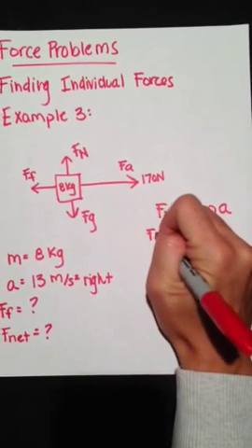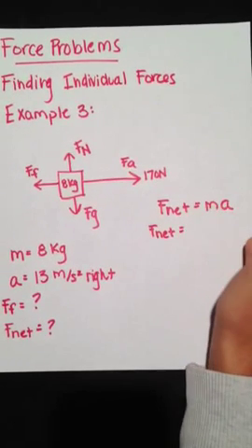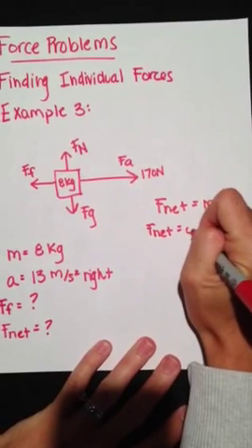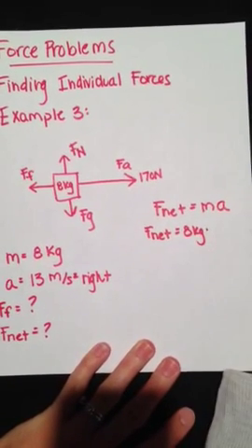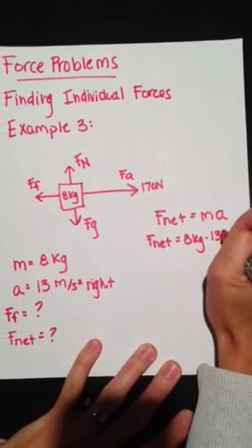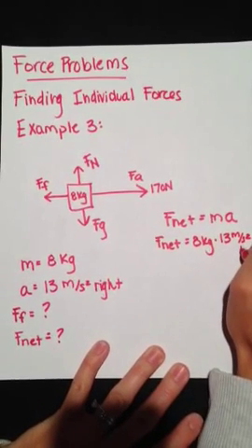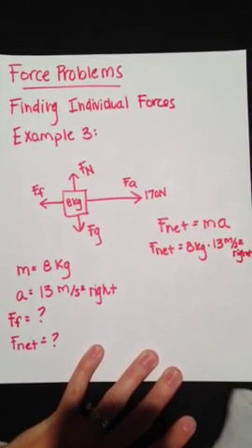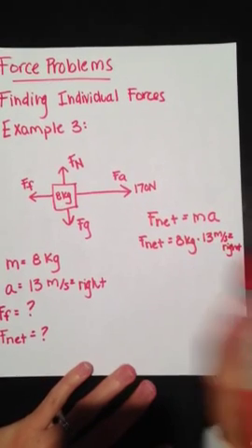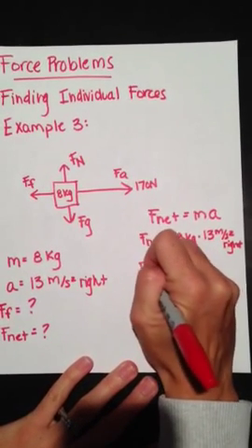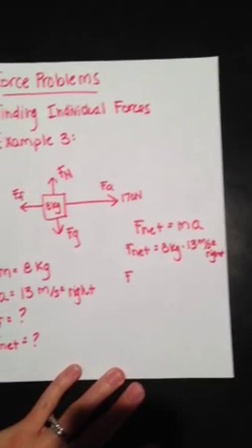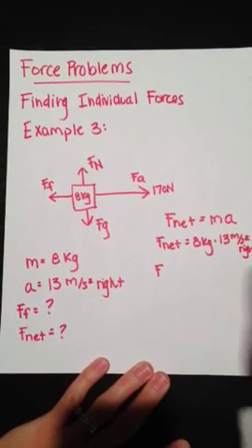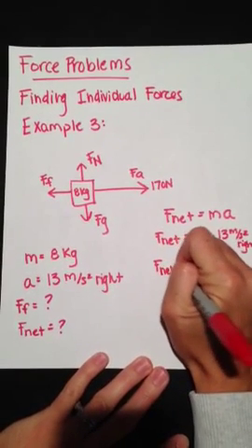So let's plug what we know into our equation. I have my mass, which is 8 kilograms. I have my acceleration, which is 13 meters per second squared to the right. When I multiply those two magnitudes together in my calculator, 13 times 8 gets me 104 newtons.